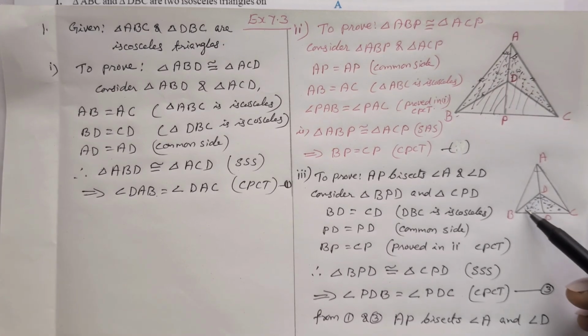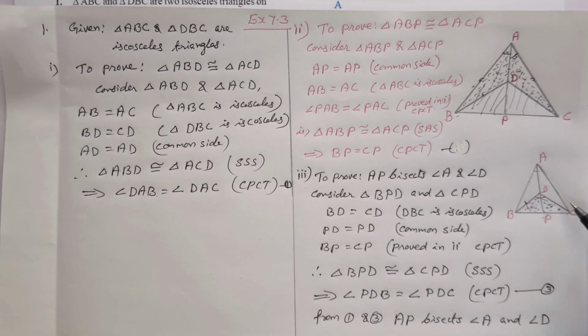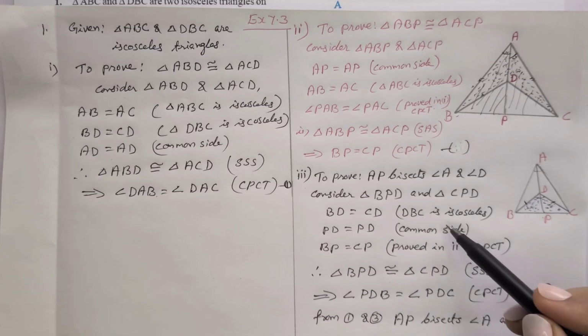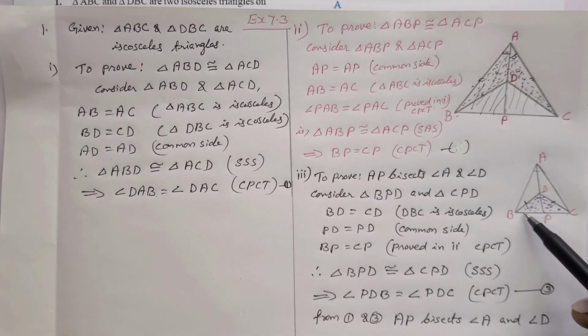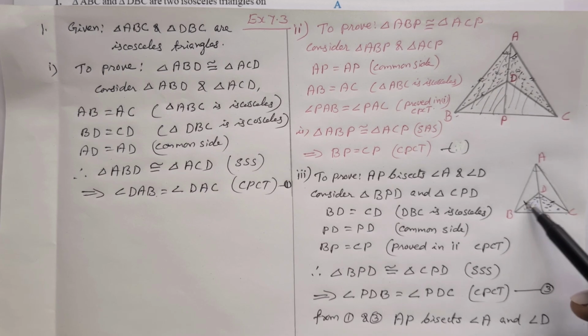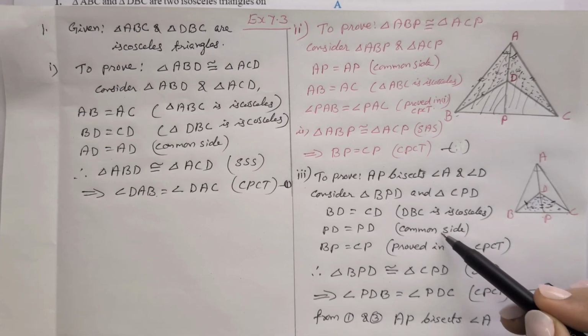In these, we have to consider triangle BPD and CPD. Here we can write BD is equal to CD because DBC is an isosceles triangle. These two sides are equal. Then PD is equal to PD. In both the triangles, PD is the common side.